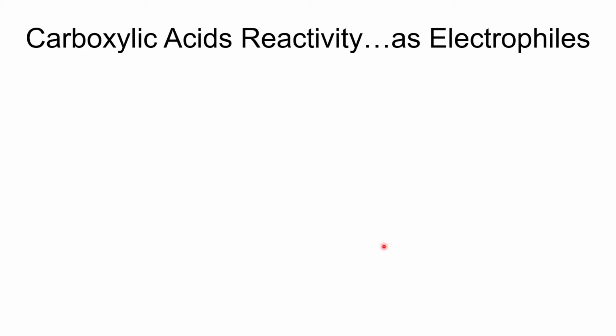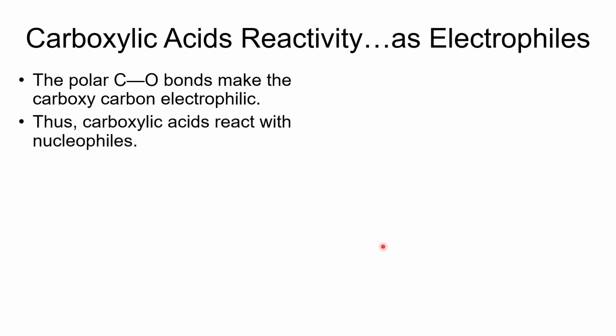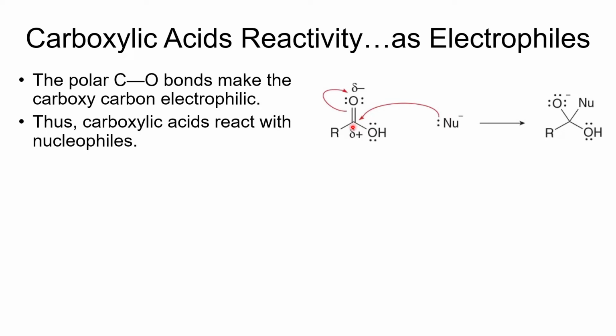All right, now we want to think of carboxylic acids as electrophiles. So it is possible, if we have the right kind of electrophile, the right conditions, that we can make the carbonyl carbon act as an electrophile. So a nucleophile would come in and react with it, and we get our tetrahedral intermediate that we have seen many, many times.